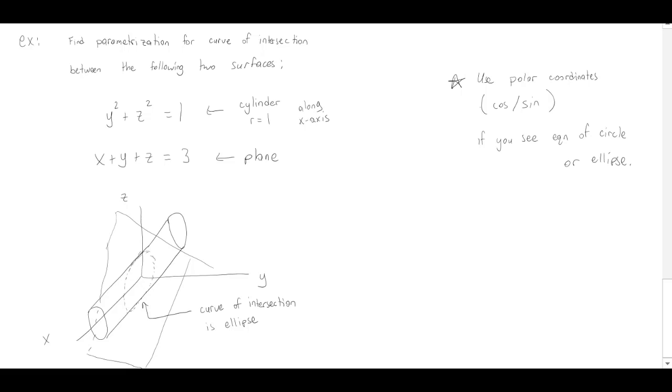All right. So for instance, in this problem, we have the equation y squared plus z squared equal to 1, okay? That reminds you of a circle of radius 1. So I might try to use cosine and sine to represent y and z. With polar coordinates, y is r cosine theta, z is r sine theta.